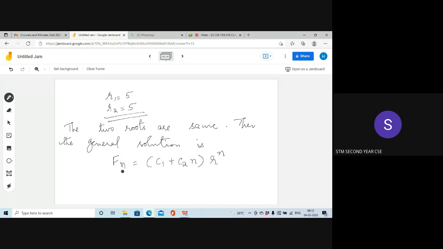So F0 is given. So put n is equal to 0 to find C1 and C2. When we put n is equal to 0, what will we get?